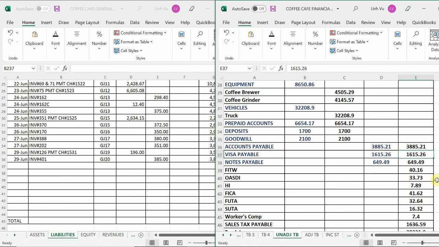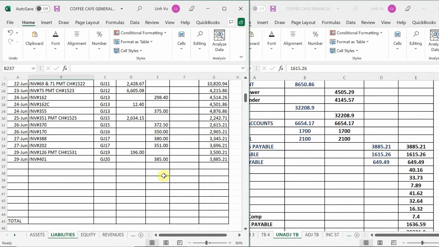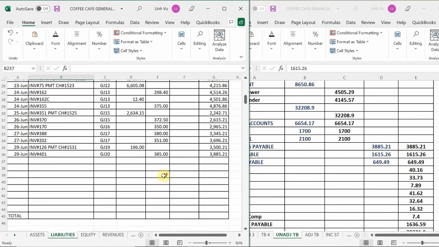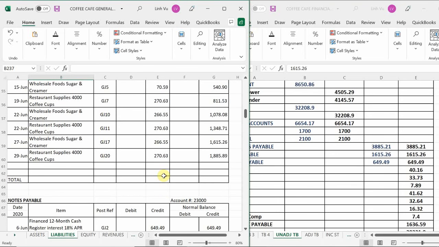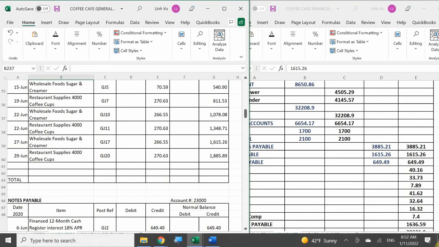Okay, and notice I'm changing the black numbers and keeping the blue numbers as formulas. Let's take a look at my Visa payable, which is 1885.89.